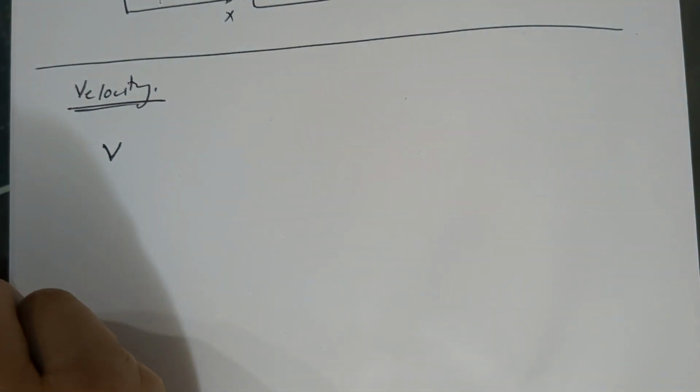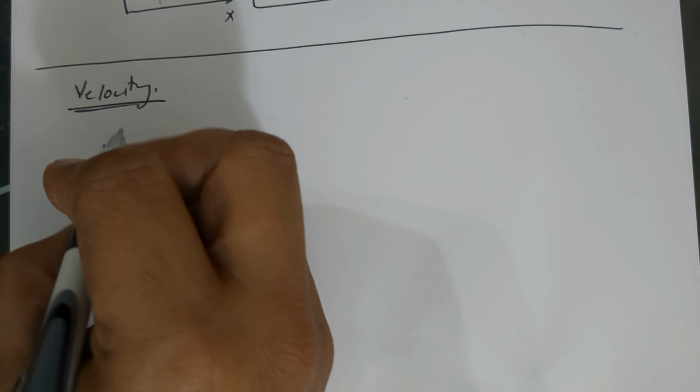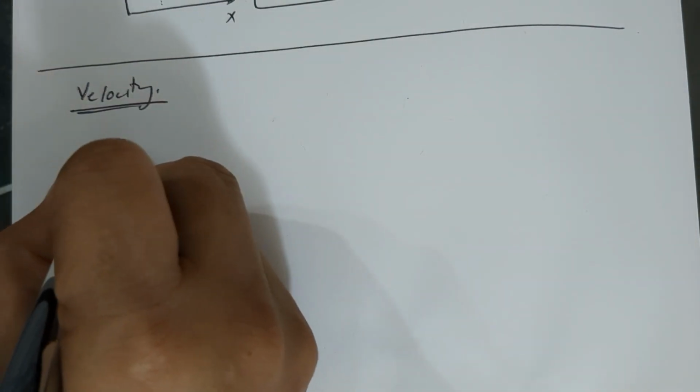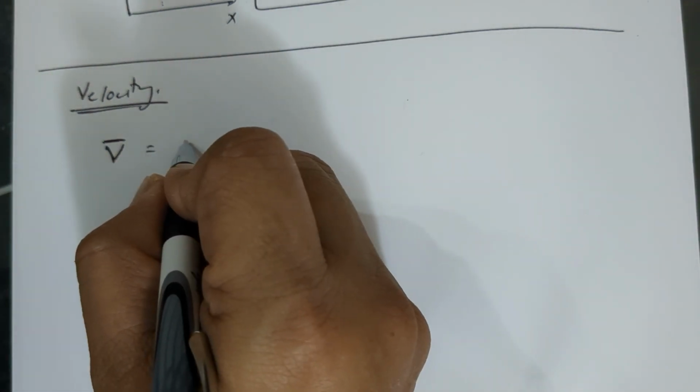Now for our case right now, we'll just make it simple. We'll just talk about average velocity. Average velocity is represented with a bar on top, so that's what we call average velocity. So what is average velocity, right? So average velocity is equal to distance traveled over time.